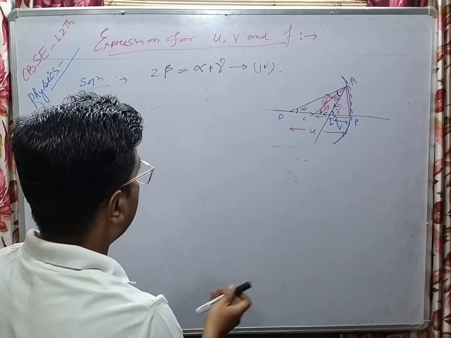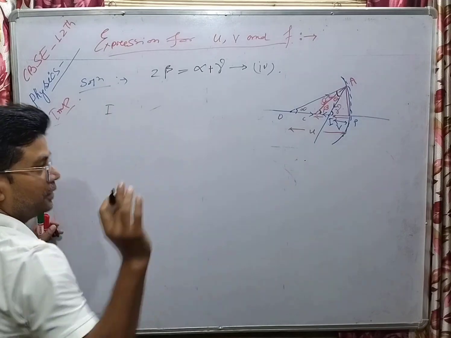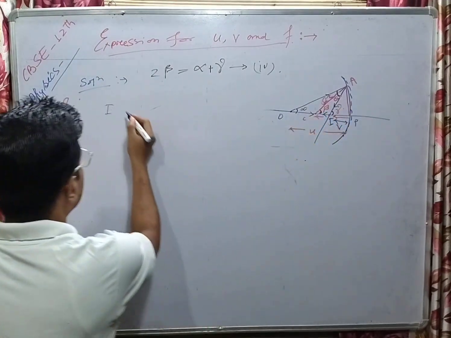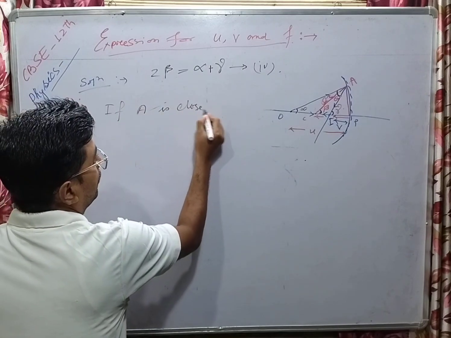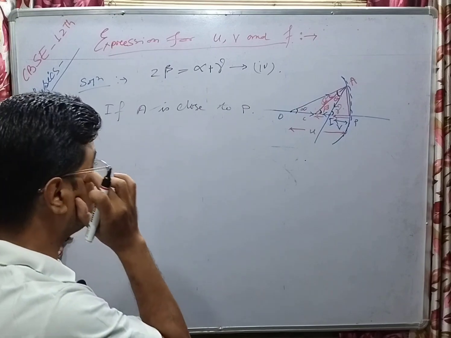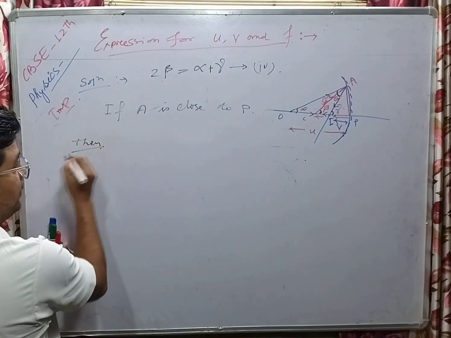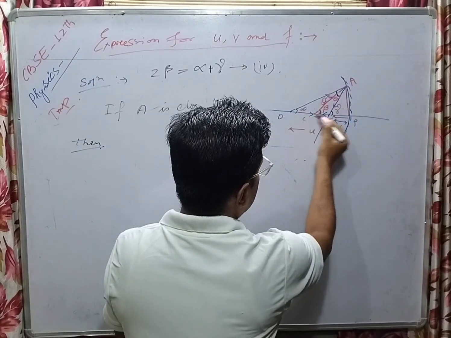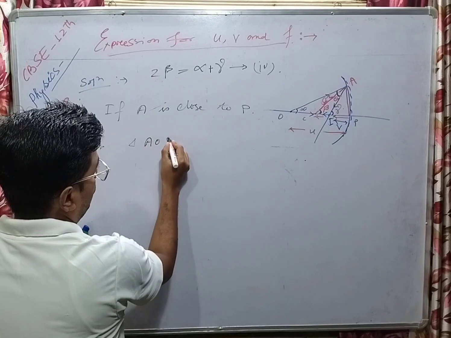If A is close to P, don't forget to write A is close to P. Now I am going to use this from triangle AOP.